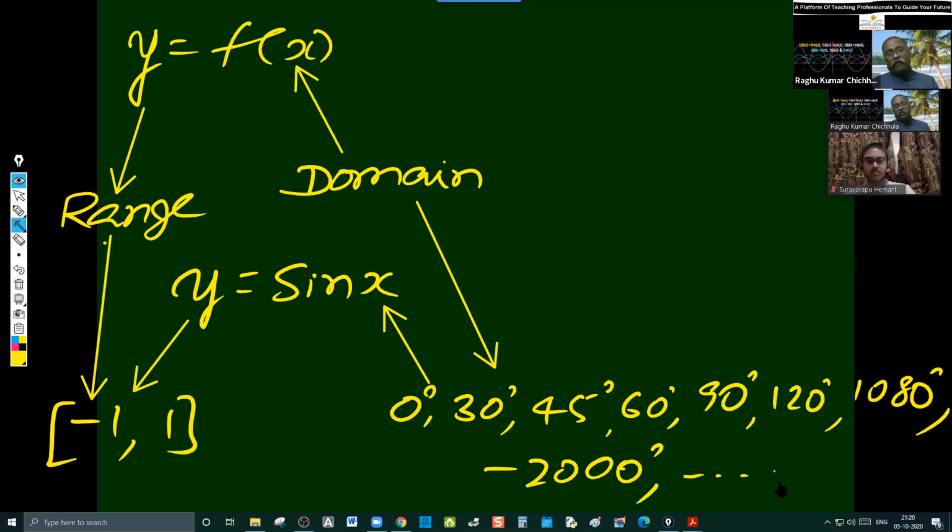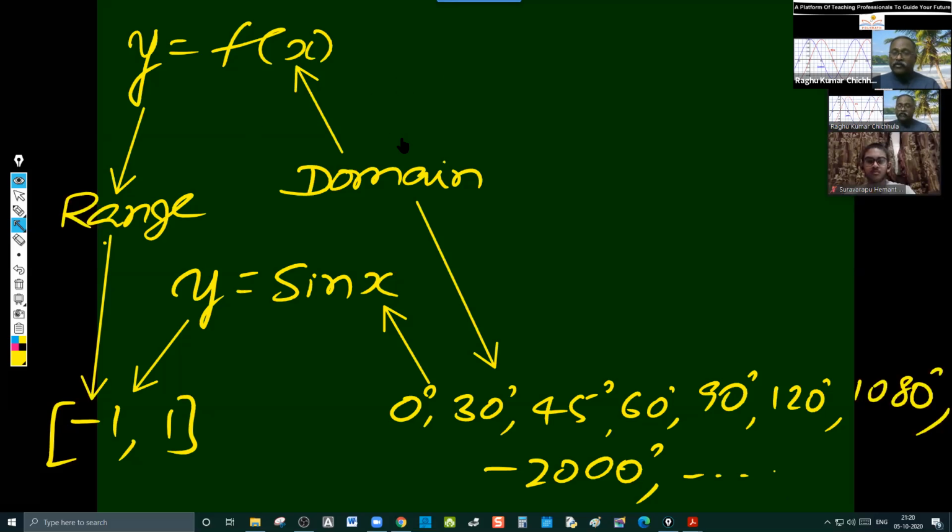In the medical equipment, whatever the pulse rating is there and the heart beating is there, all these are continuous functions of our body. So continuous functions of our body are to be linked up to a continuous function mathematically. So sine x is a continuous function, and hence whatever the waves you see on the oscilloscope and all in the medical equipment, they're all sine waves only. Sine waves in different forms.